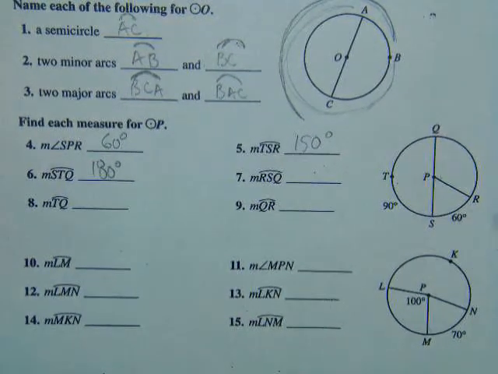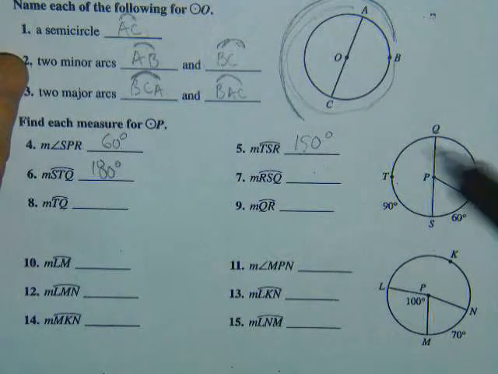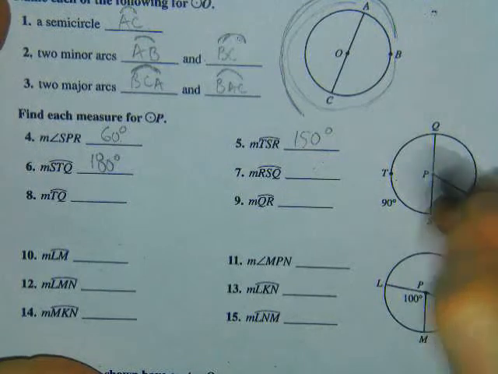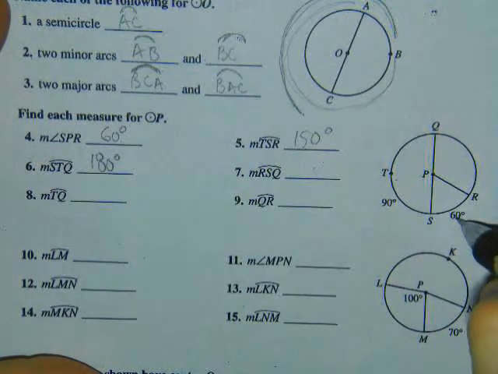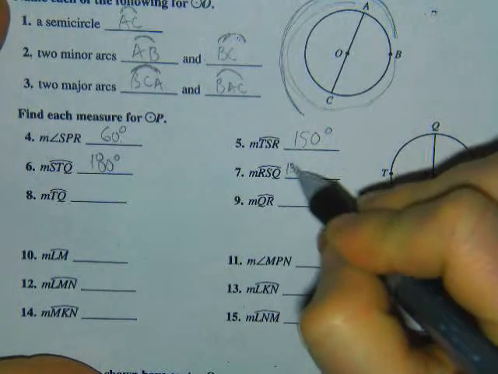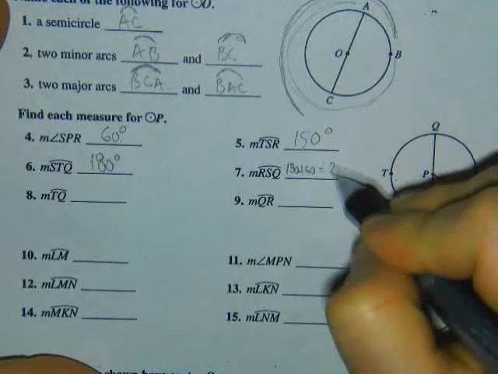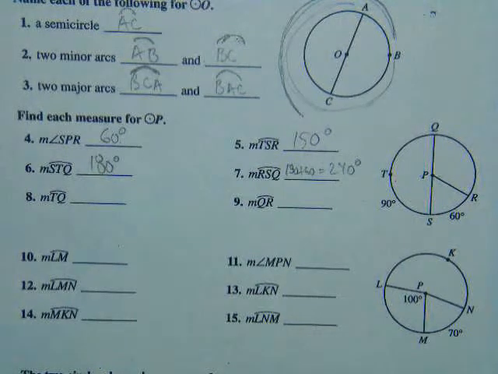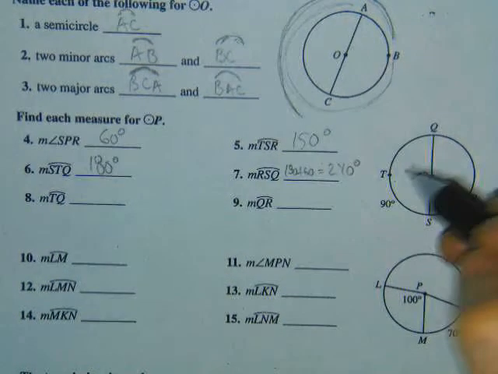RSQ, so we're here. It's a major arc because it has three letters. So we got this whole thing is 180 plus the 60. Plus 60 is 240 degrees. Continuing on, TQ is right here.